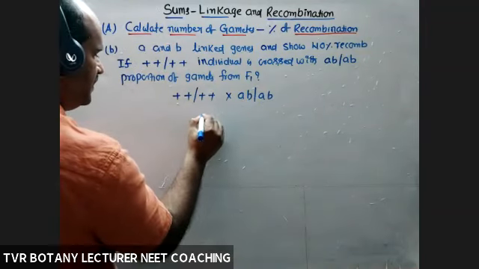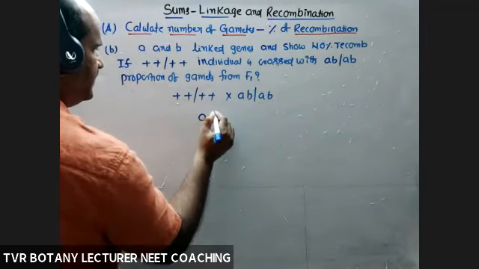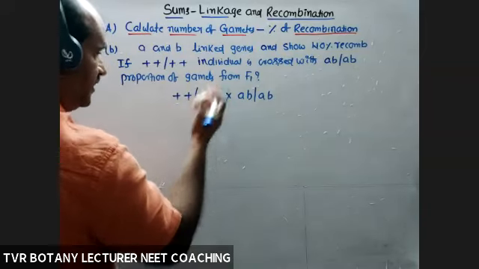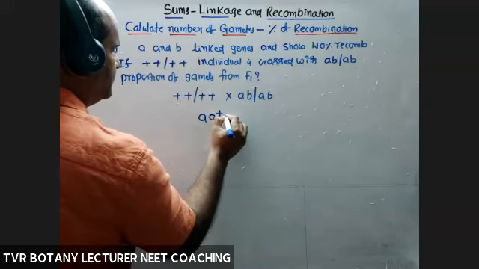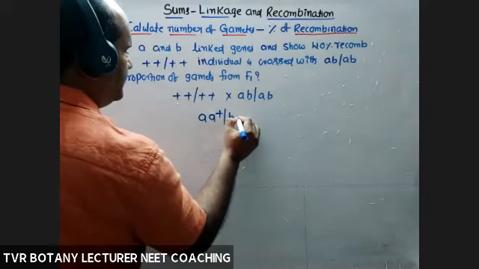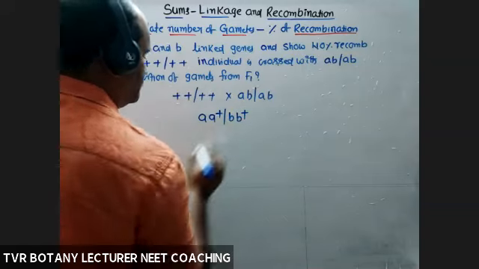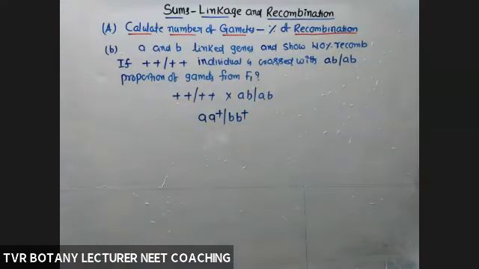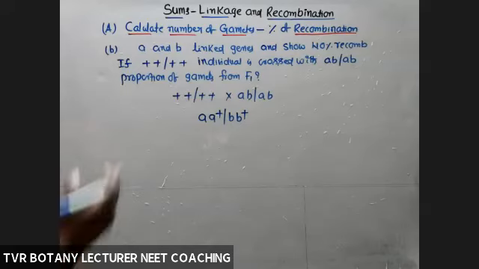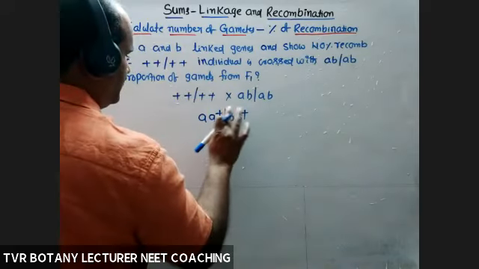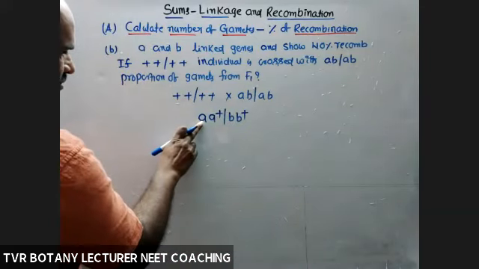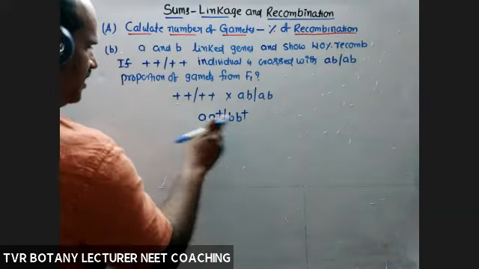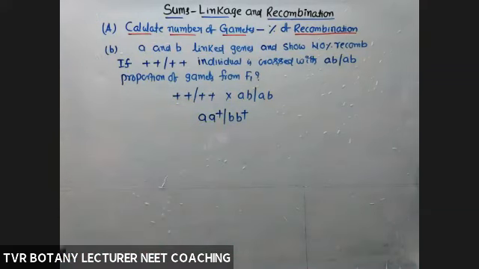Definitely A. What about the concerned individuals? A plus/B plus, maybe in cis or trans condition. Residual dominant allele. This is a possible F1 out of that one.